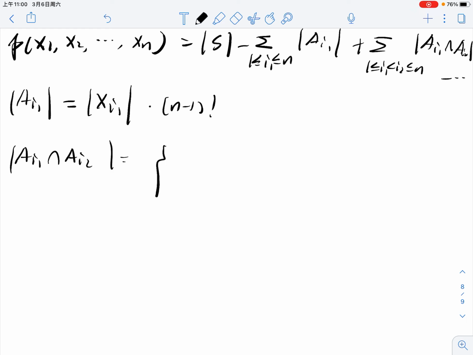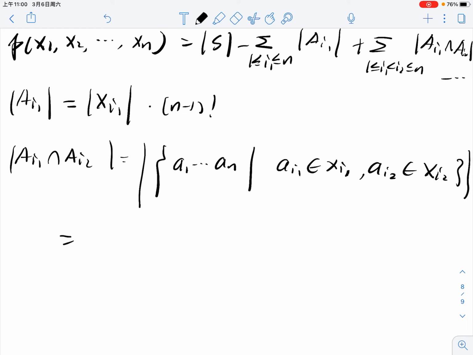For the two intersections, it's more complicated because AI1, AI2 are not independent. By definition, this is the set of all permutations such that AI1 is in xi1, AI2 is in xi2, and you can compute it in this way.